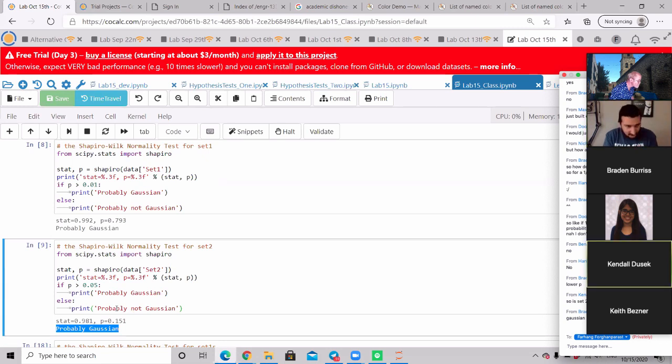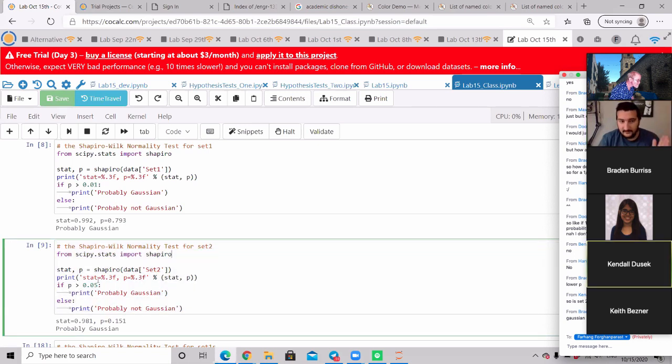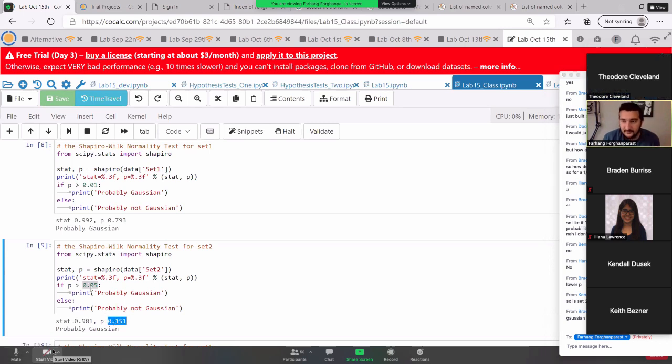Yes. Okay. So here in this cell, I am running a normality test for set 2. The cutoff for my significance level is 0.05. The p-value that I got is 0.15. Is this higher than 0.05 or lower?